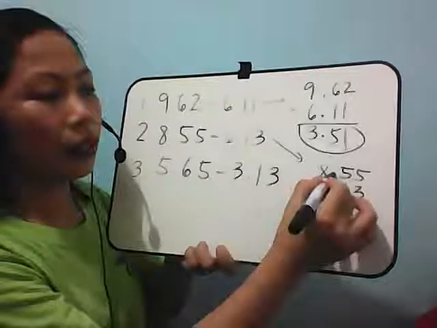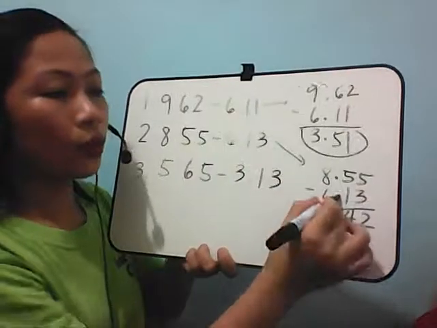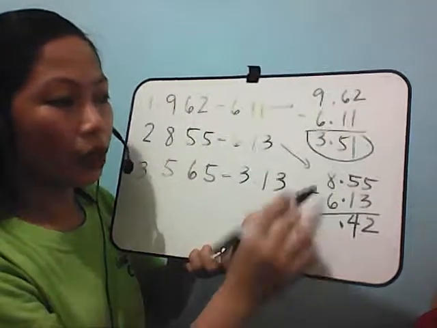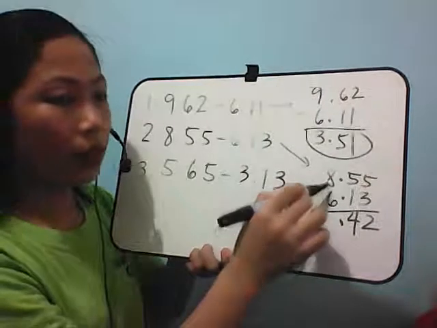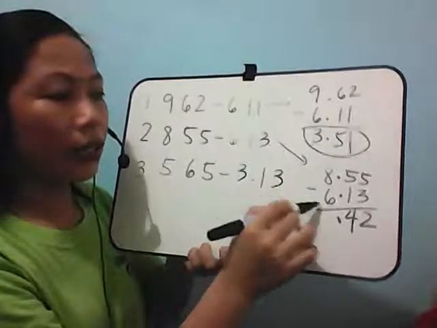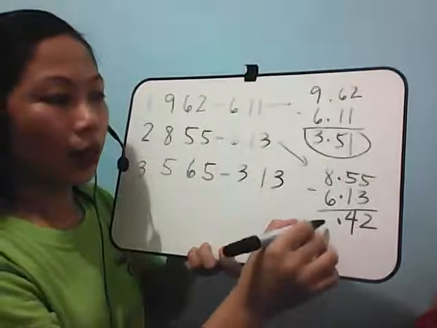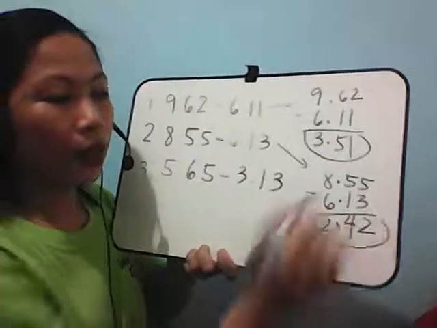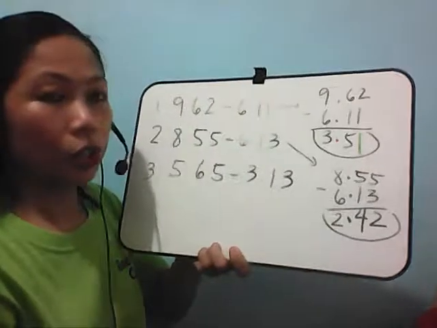And then, don't forget to write here the decimal point. And then, of course, let us subtract the whole numbers here on the left side. 8 minus 6 is equals to 2. So, this is our answer in number 2.